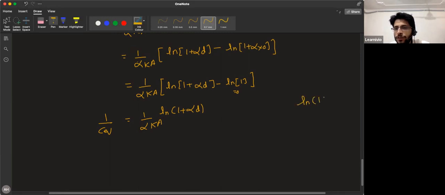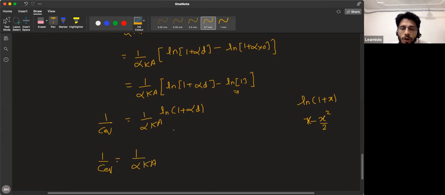Log of 1 plus x can be written as x minus x square by 2 factorial and so on. So we can write 1 by C equivalent as 1 by alpha K epsilon naught A, times alpha D minus alpha square D square divided by 2.